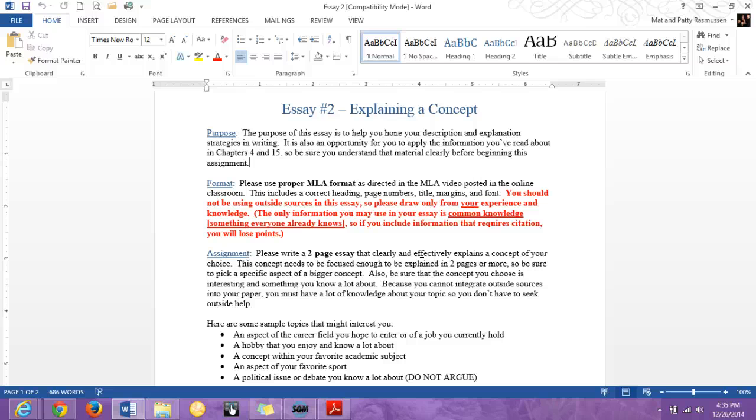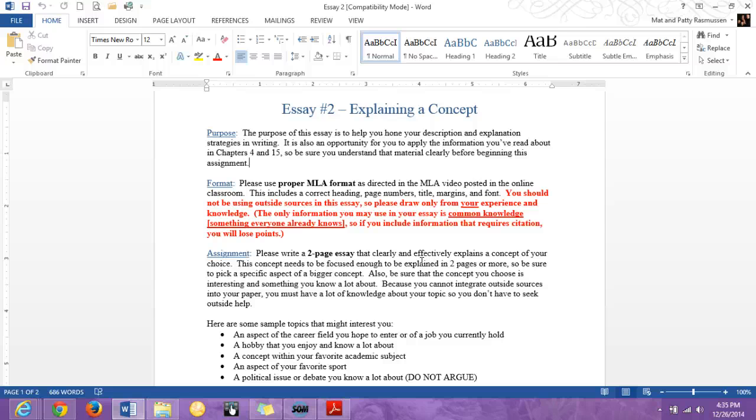So pretty much if anything in your essay is not common knowledge, which is something anybody would know, anybody randomly off the street, and if you watch certain comedy shows, you'll understand that asking random people on the street questions is downright depressing in terms of what they don't know. So if it's not common knowledge, you cannot include it, because if it's not common knowledge, it requires a citation, which is again not the point of this essay.